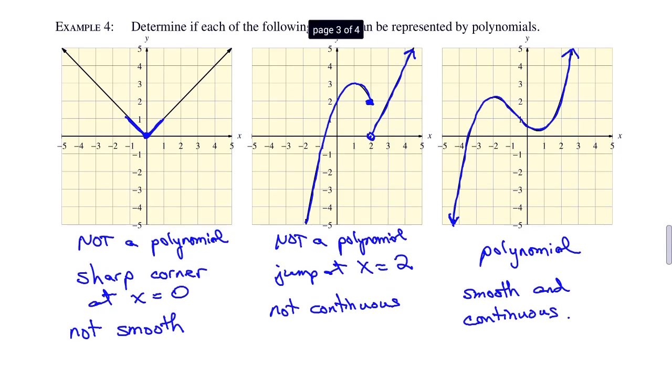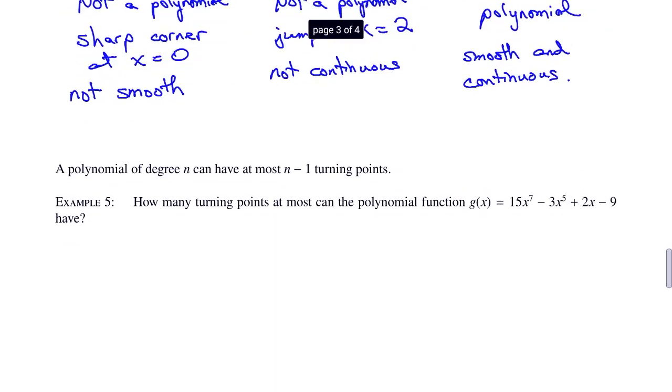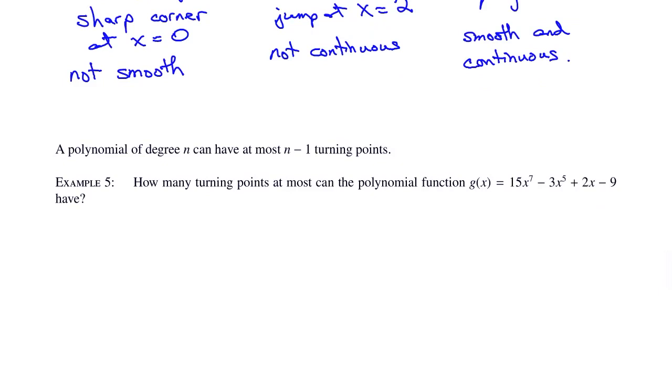One other property of polynomials is the number of turning points that they have. The turning points are just where the graph changes directions. We are already familiar with this with the parabola. If you start graphing a parabola, it has one turning point right here at this top point. These turning points reference back to the relative min and max.